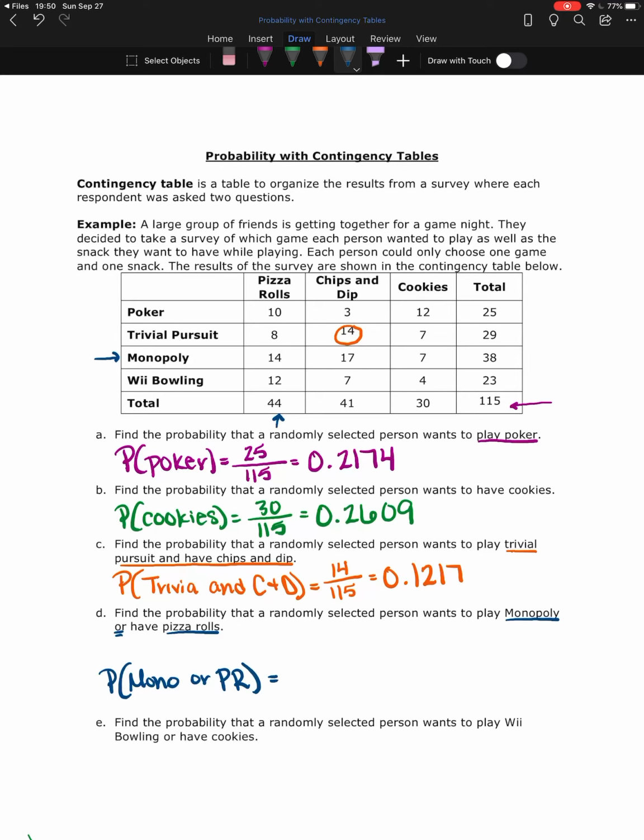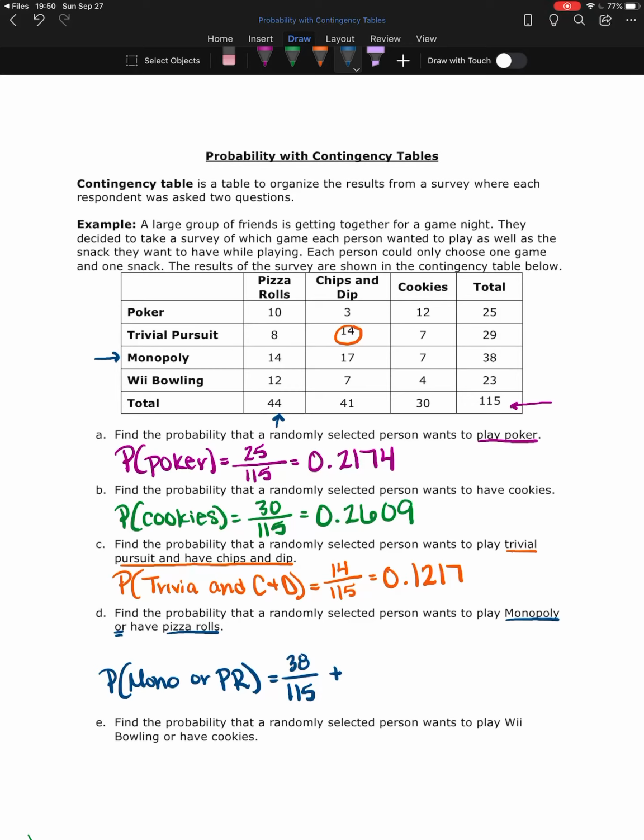I'm going to shorthand these again. By first finding the probability that people wanted to play Monopoly. So I'm going to find the total probability of selecting someone who wanted to play Monopoly. 38 out of the 115 kids wanted to play Monopoly.